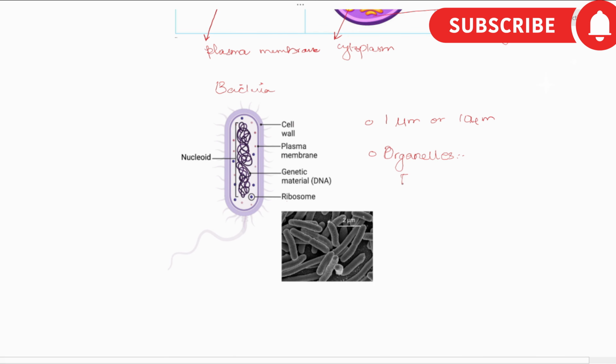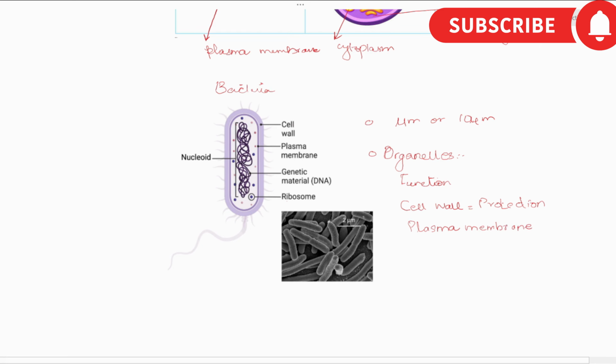Let's discuss the function of all these. The cell wall is harder as compared to the plasma membrane, and it provides protection and strength, or you can say the shape, to the cell. The plasma membrane is softer as compared to the cell wall. Let me give you an example.